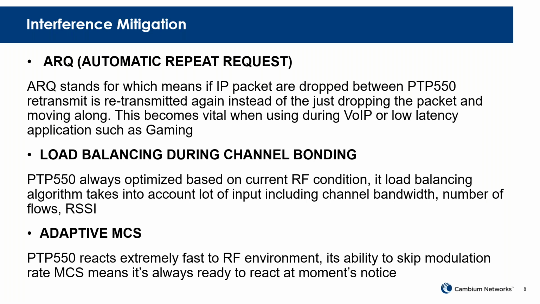Of course, the radio also supports adaptive modulation. It works at 3 dB per step, so when we detect the interference change or the RF condition change, the radio will shift the modulation up and down to try to give the best performance.